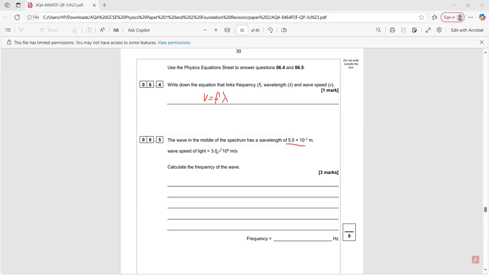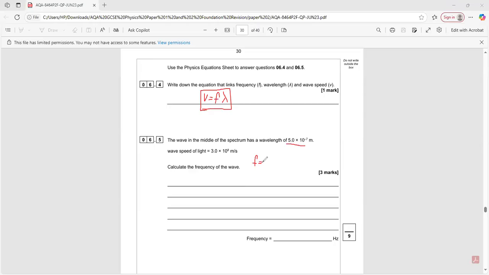Speed of light is equal to 3.0 times 10 raised to the power 8 meters per second. It now says calculate the frequency of the wave. So if this is the formula that connects V, F, and lambda, what will be the value of F?